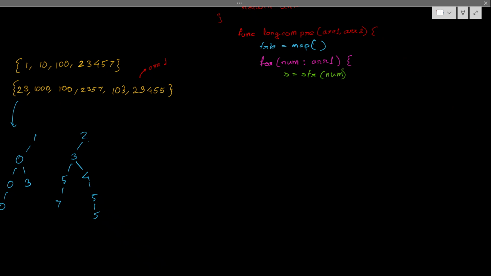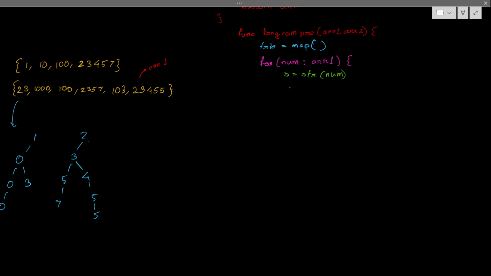Now I have to iterate from left to right, right? Left to right means not if, not while, but each digit. Like 2, 3, 5, 7.